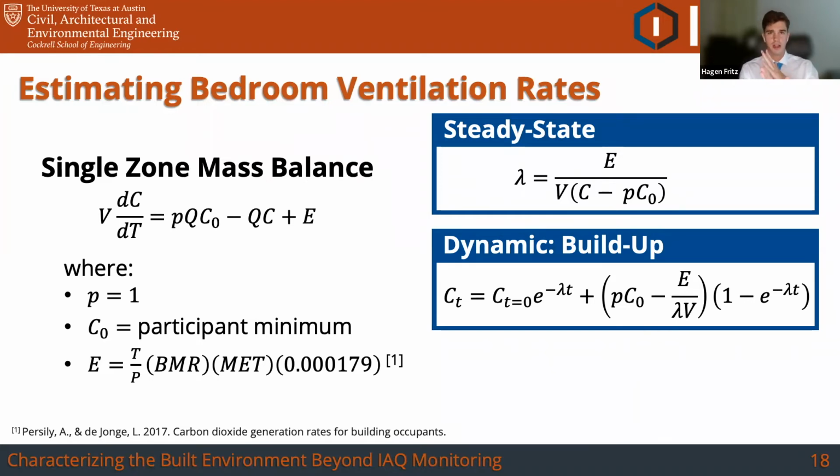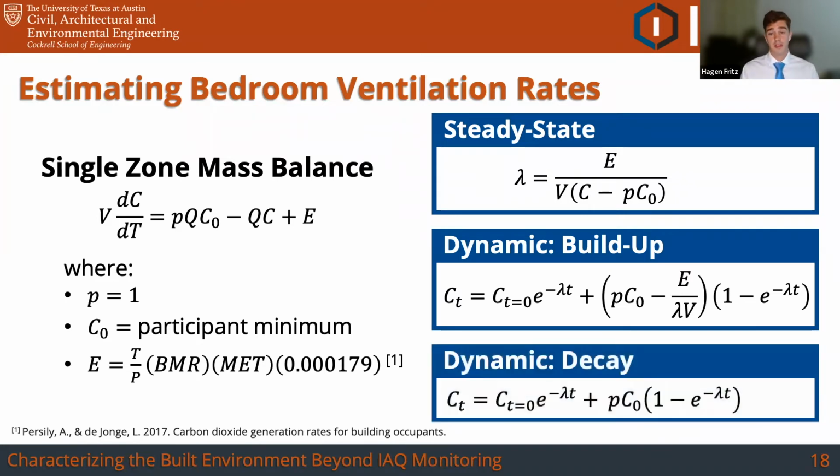If we can reduce the error between the calculated and measured, that's what the air exchange rate would be. Similarly, we can do it when the participant leaves the space. Now rather than capturing the beginning or the middle, we're capturing the end. You'll notice the participant is no longer in the space, so the emission term, the capital E, is gone. And then we're doing the same thing, toggling that lambda so that we match what we calculate with what we measured.